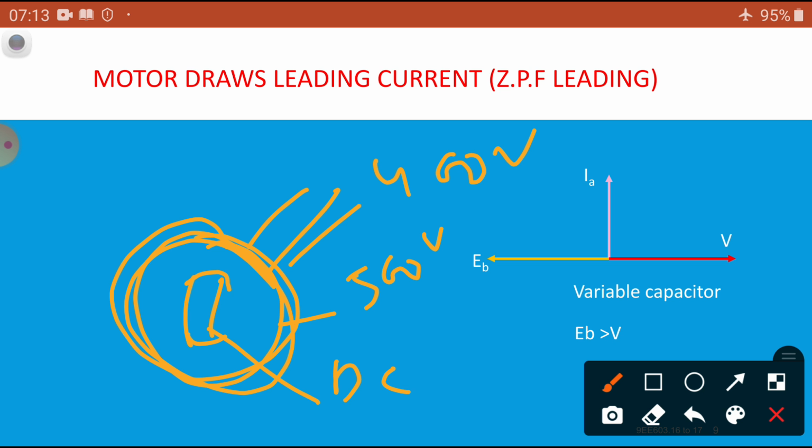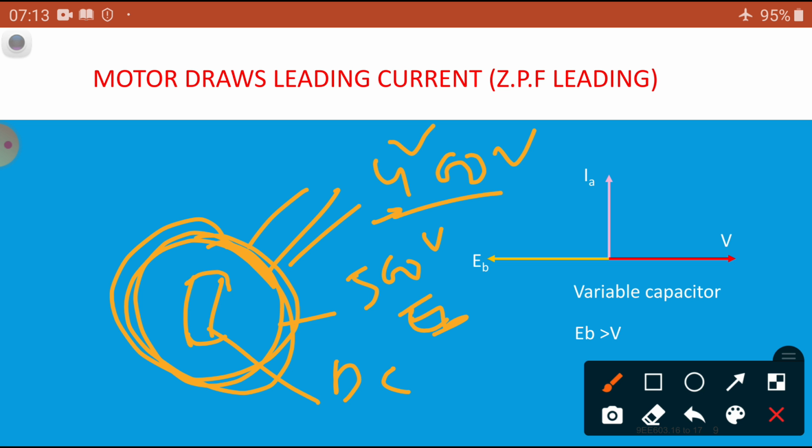This voltage is always opposite to the cause of its production, that is the stator voltage. This is V, this is EB, the back EMF. Back EMF is always opposing the applied voltage. Then what is the difference here? EB is equal to 500, which is greater than 400.